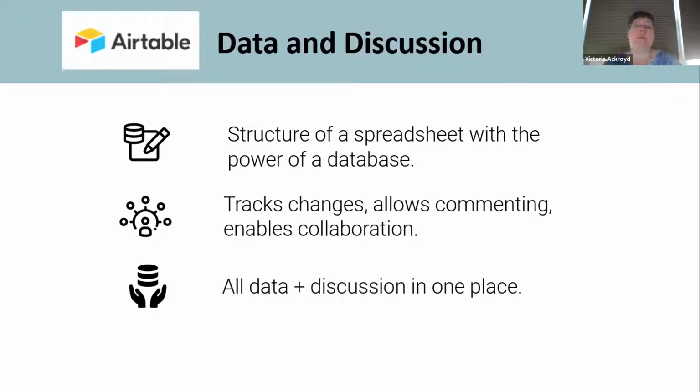So we ended up using a utility called Airtable. It has the structure of a spreadsheet with the power of a database. And that actually means that it makes it super easy for our programmers to update the tool. So if we find a typo or we realize information is missing, it's really easy for us to fix it and then ask the programmers to run their quick script, and they can shove the changes into the online tool really quick.